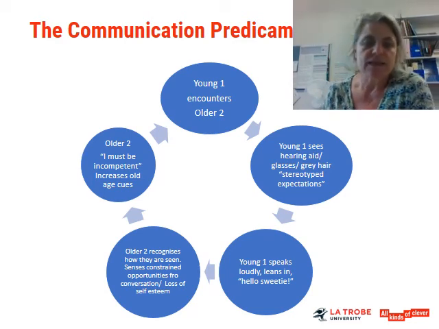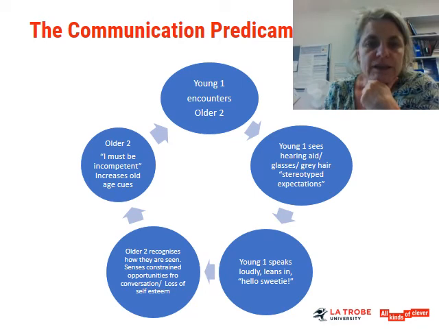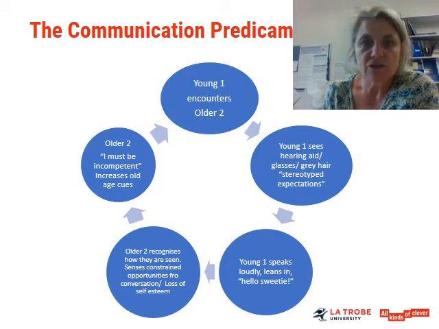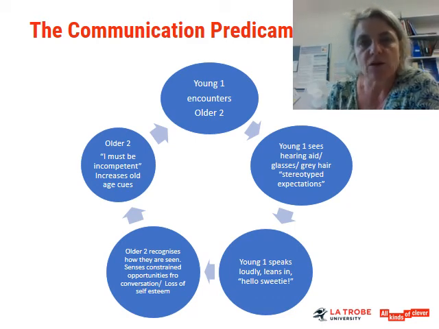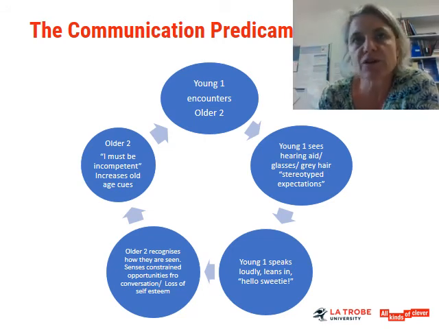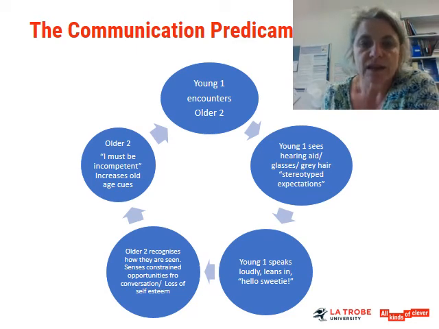What we see is that, let's say, a young person, let's say you, encounters an older person. And what you might see in that older person is old age cues. You might notice that the person is wearing a hearing aid.